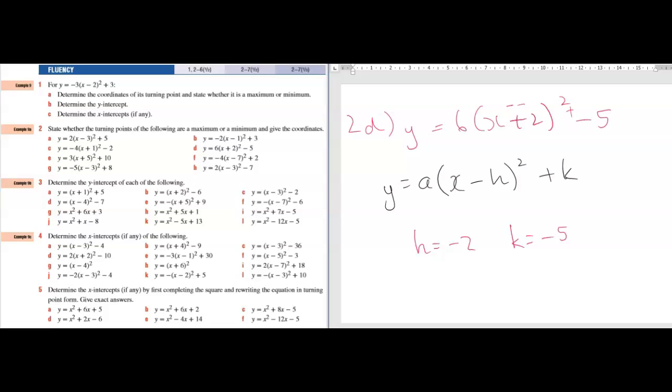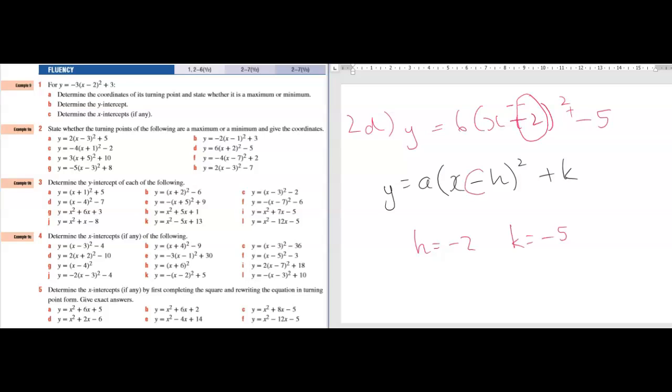Sometimes it's a little easier to identify k, but students have a hard time understanding, well, if this is a plus, isn't h positive too? Well, no, because your general form has the minus here already. So it's x minus -2, making h -2. If you see a plus in between, I always encourage students to write negative, negative, so you can see that h is -2.